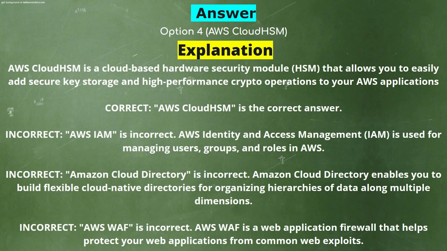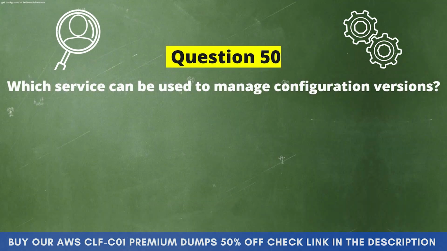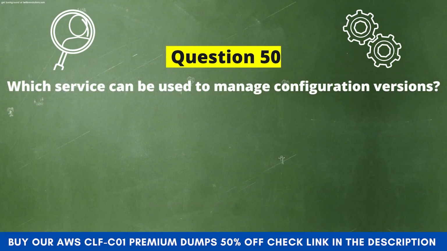Amazon Cloud Directory is incorrect. Amazon Cloud Directory enables you to build flexible cloud-native directories for organizing hierarchies of data along multiple dimensions. AWS WAF is incorrect. AWS WAF is a web application firewall that helps protect your web applications from common web exploits.